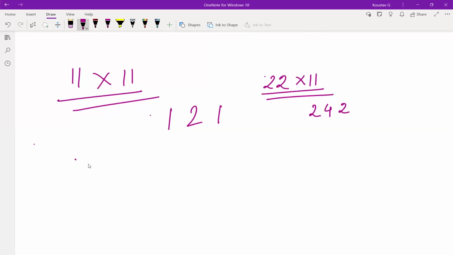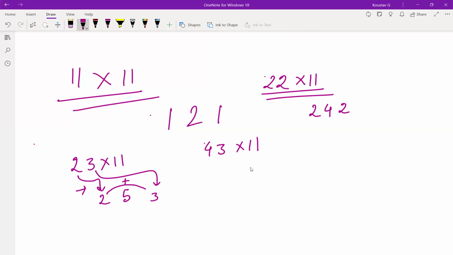Like 23 multiplied by 11: simply write 2, simply write 3, then do the addition, and you get 2, 5, 3. This is the multiplication. Now again, suppose 43 multiplied by 11. So 4, 3, then 4 plus 3 is 7, in that way.